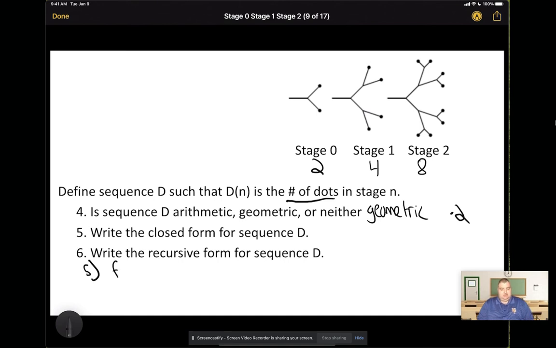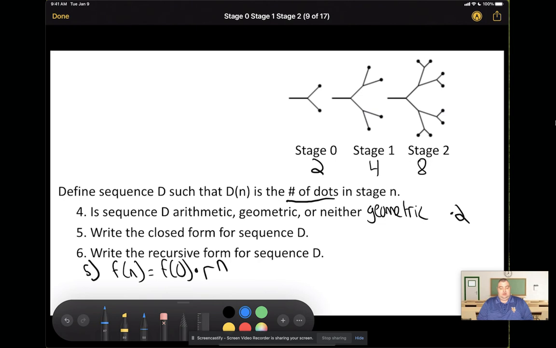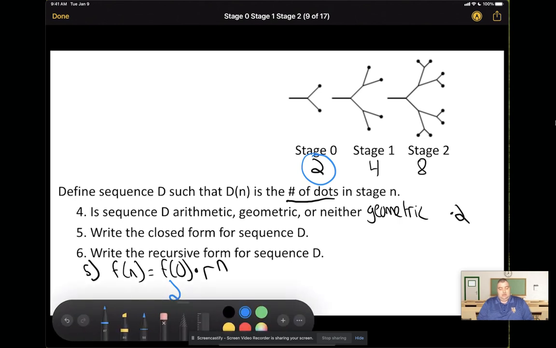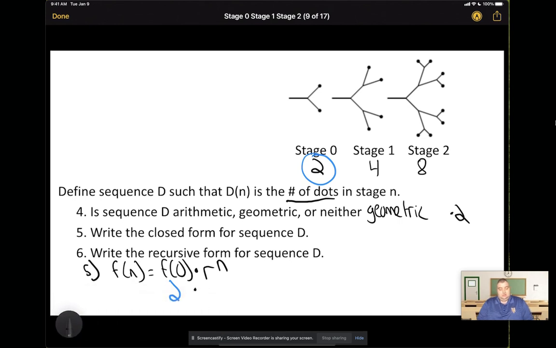So here is your formula. So remember, it's f of n equals f of 0 times r to the power of n. So my starting term, my f of 0 in this case is 2. So this is going to be a 2. My r is my common ratio. What am I multiplying by each time?